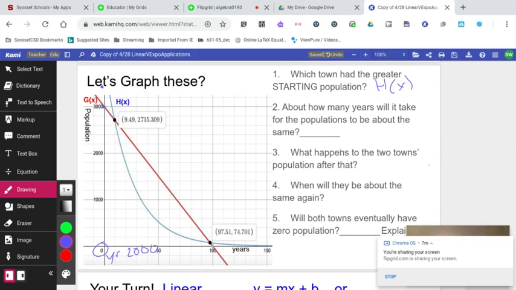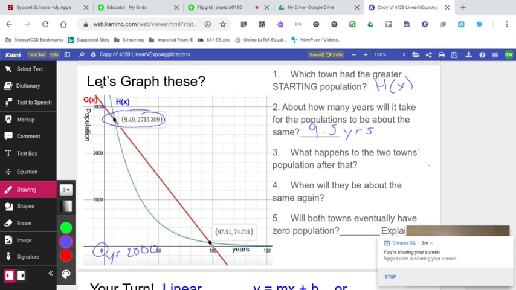Now, at about how many years will it take for the population to be the same? Well, that would be at the point of intersection, or the solution, which would be approximately 9.5 years. They will both have a population of 2,715 people.